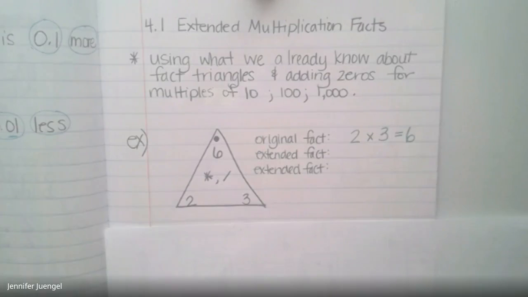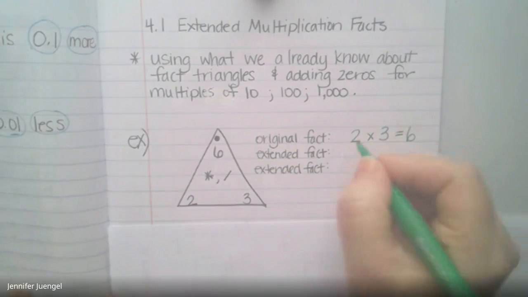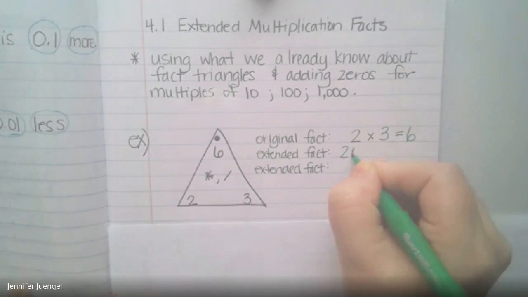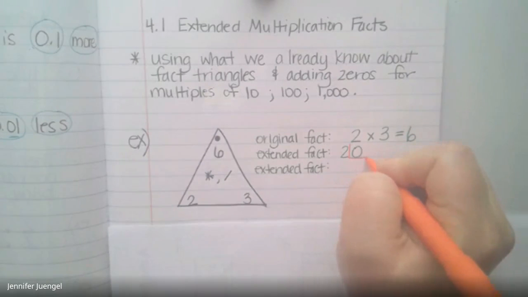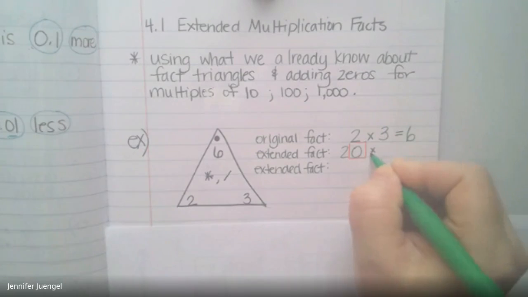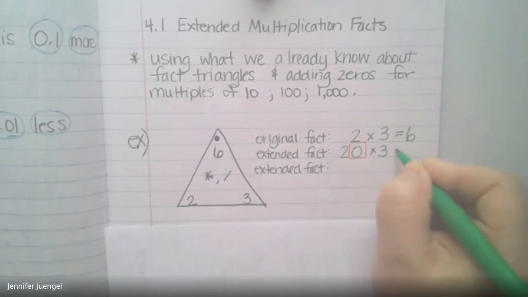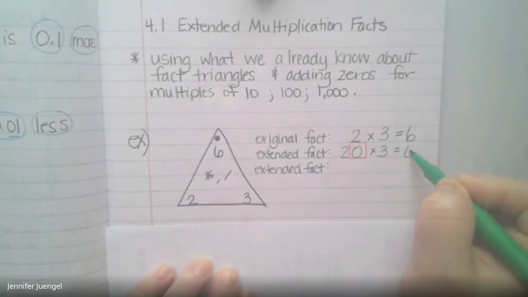Here's what I mean. If I take this number 2 and I turn it into 20 by creating a multiple of 10, I'm just going to add that 0. So now instead of 2, I'm multiplying 20. If I still multiply by 3, I'm going to use what I know about the answer. 2 times 3 is still going to be 6.